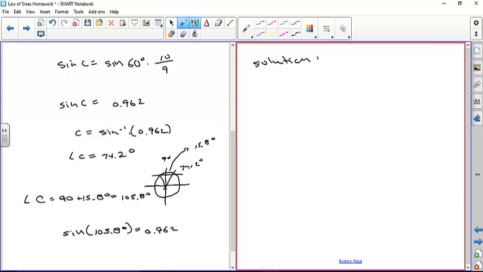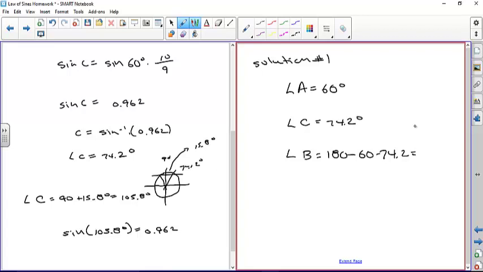So solution number one, we had that angle A was 60 degrees and angle C was 74.2, and angle B is therefore 180 minus 60 minus 74.2, which is 45.8 degrees.